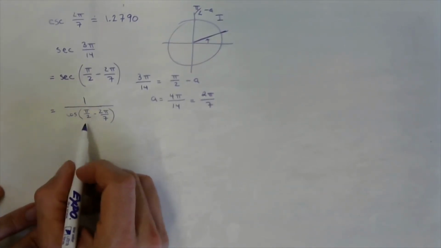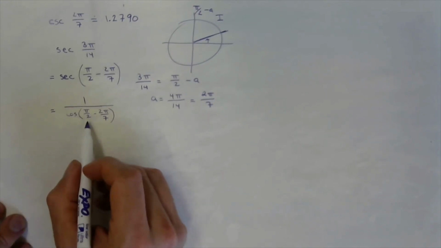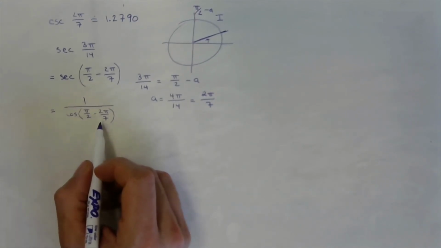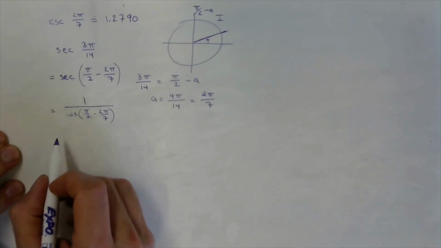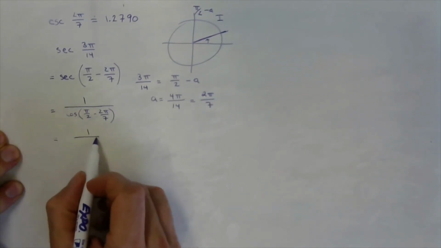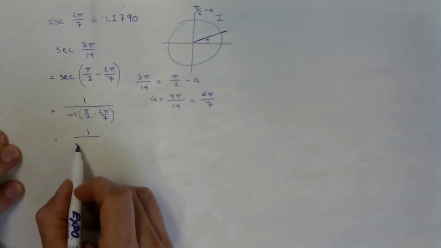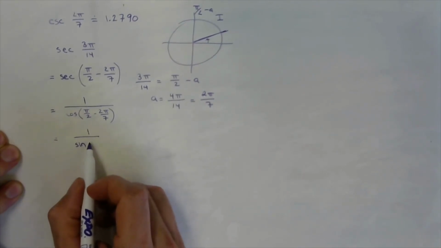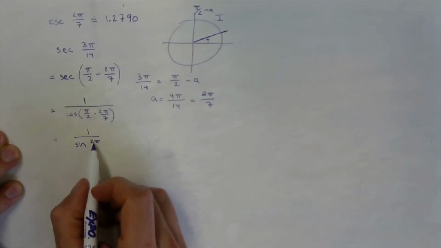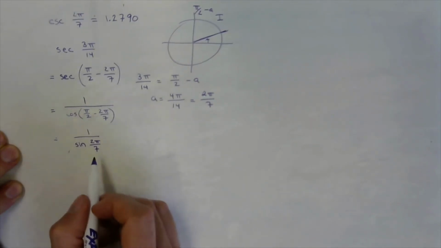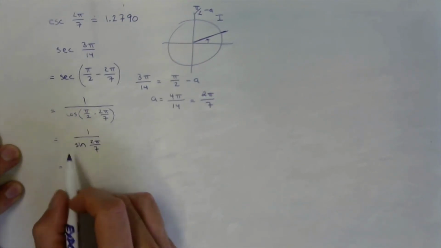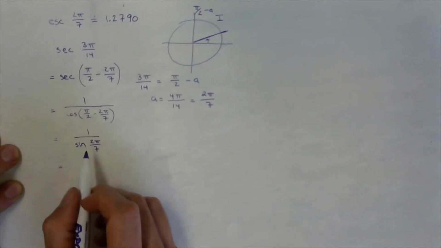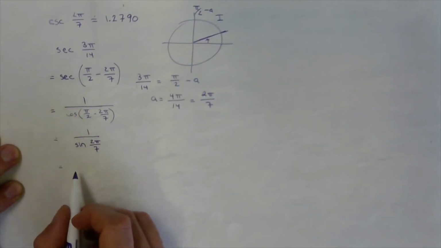The cosine of pi over 2 minus 2 pi over 7, that's pi over 2 minus A. So we look at our correlated angles there, and we get that it is, in the denominator then, the sine of 2 pi over 7, the sine of A. And now we can flip that back into its secondary trigonometric ratio, its reciprocal ratio, which is now cosecant, because we have sine in the denominator.